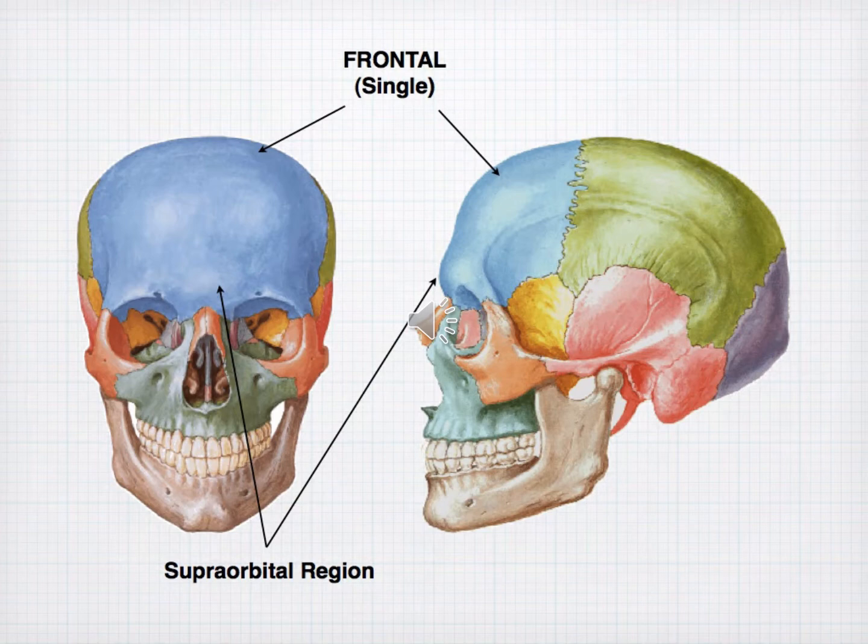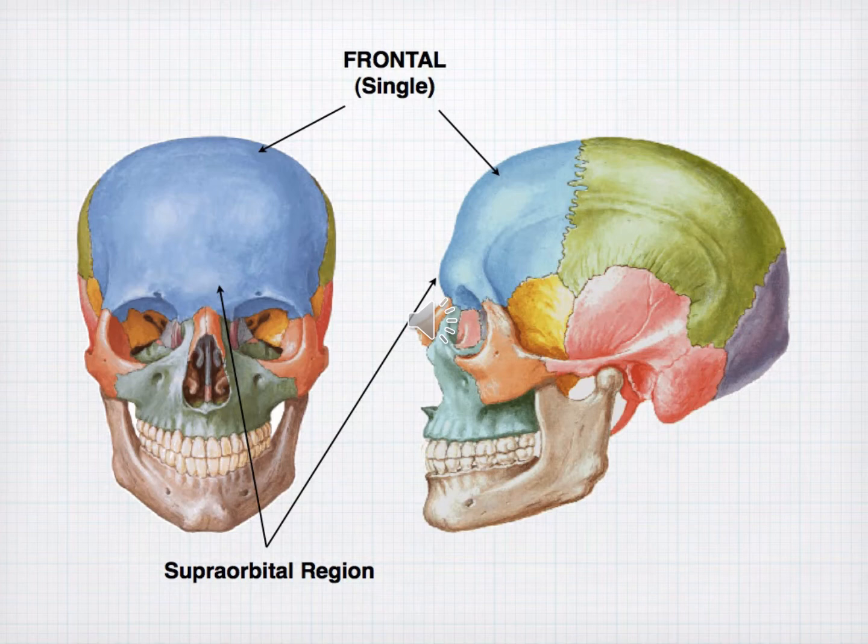You can also see a suture line, which is just an area or a line that shows an articulation area between two bones that makes up the top of your head. And I want to draw your attention to what's known as the supraorbital region.